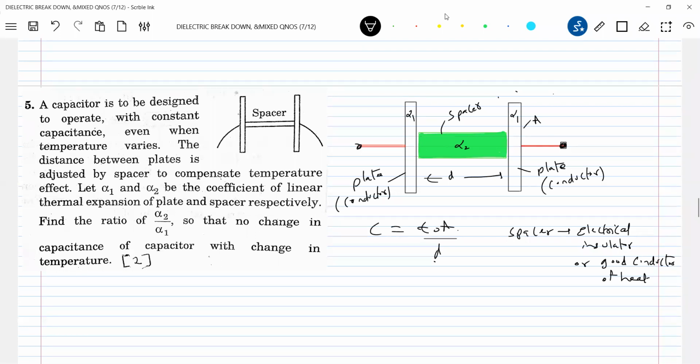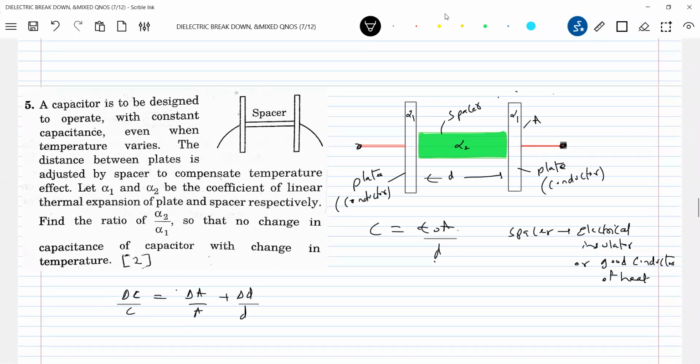So let me differentiate this, or directly go for the small fractional error: delta C by C should be equal to delta A by A plus delta D by D. What is delta C by C?